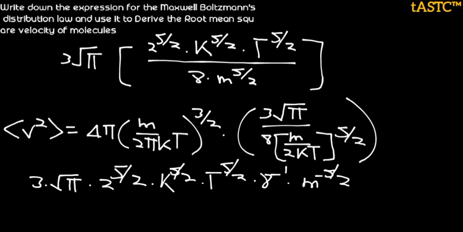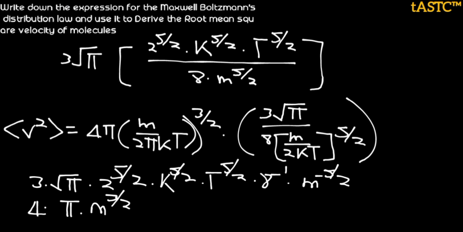Now I want to split out what this stuff is, or is basically going to look like. So we know, first of all, there is a 4 and a pi there. So this is a 4 multiplied by a pi. And this is going to be multiplied by m raised to the power of 3 halves. So this is going to be m to the power of 3 halves. Then we got this.